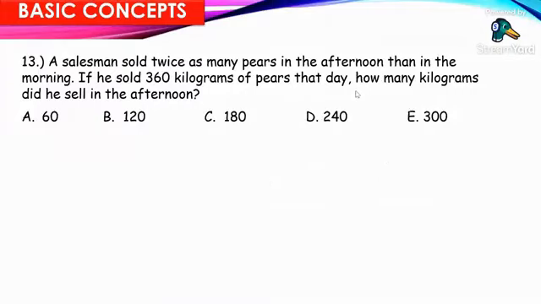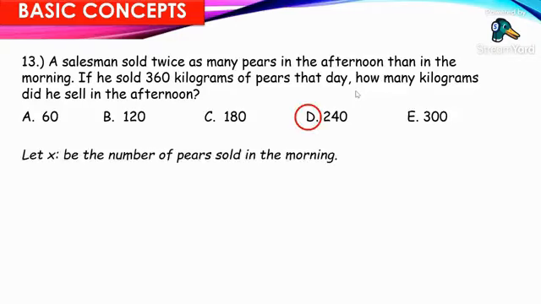Okay, the question is, how many kilograms did he sell in the afternoon? Yung panghapon po. That is twice as many as in the morning. So yung sagot po ninyo na B, that's 120, that is for the morning po. So the correct answer po is letter D, that is 240.